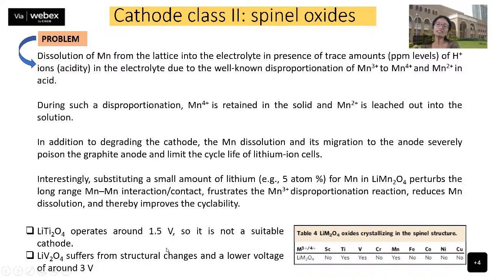But it has been found that LiMn2O4 is the best choice, because among the others which do form spinel compounds and don't undergo phase transformation during the charge-discharge process, the Ti2O4 operates around 1.5 volt, which is way too low, so it is not a suitable cathode. And the vanadium one suffers from structural changes and a lower voltage. The voltage for LiMn2O4 is around 4 volt, which is apt for a good energy density.